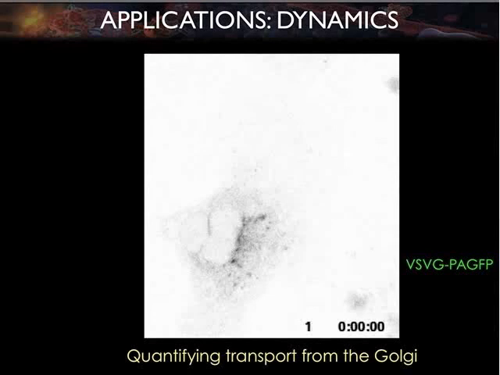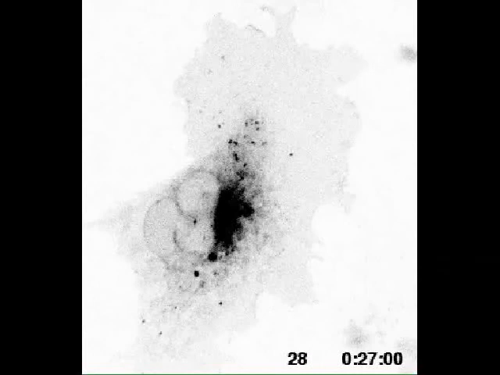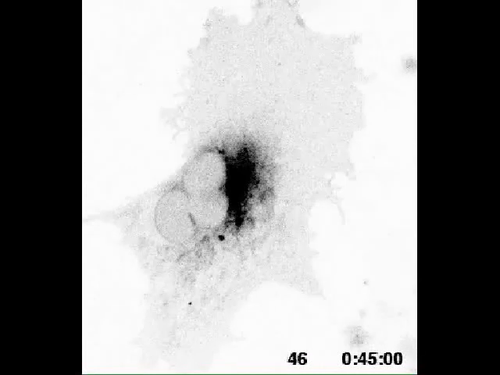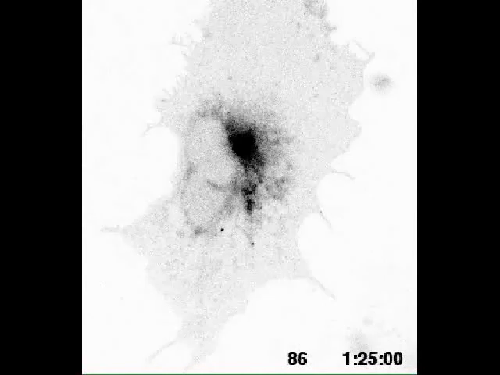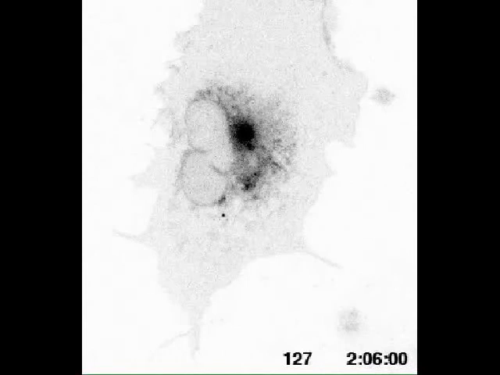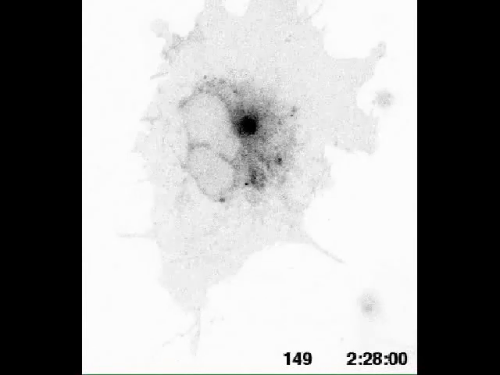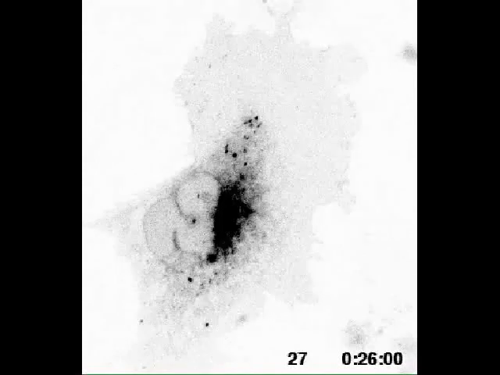This is illustrated in the movie, which we can run right now, of a viral glycoprotein, VSVG, that's been attached to the photoactivatable GFP. What you can see in the very beginning of this movie sequence, which if you can run it repeatedly would be ideal, is that we can selectively highlight the VSVG molecules that are traversing the secretory pathway at a particular place.